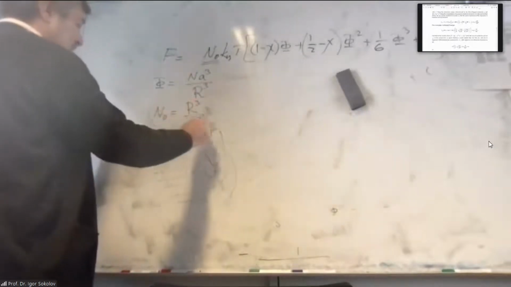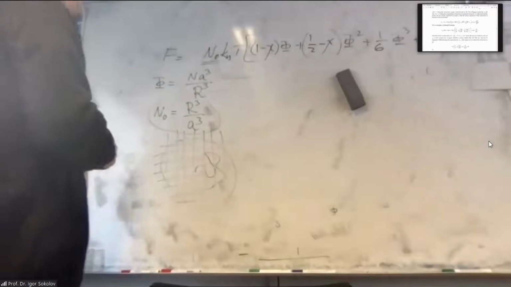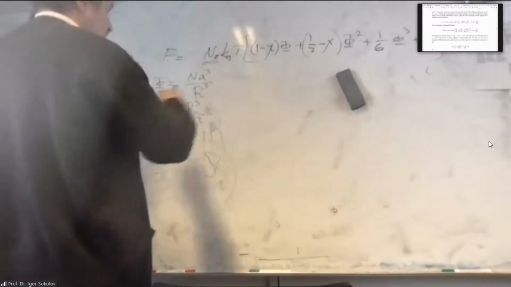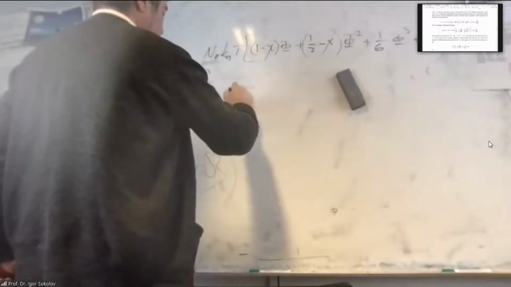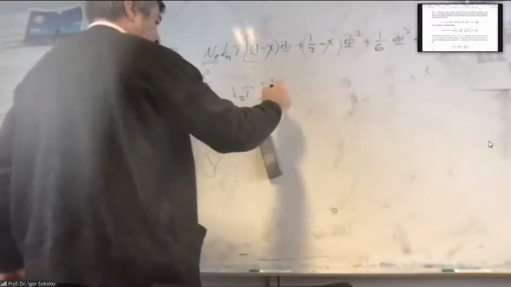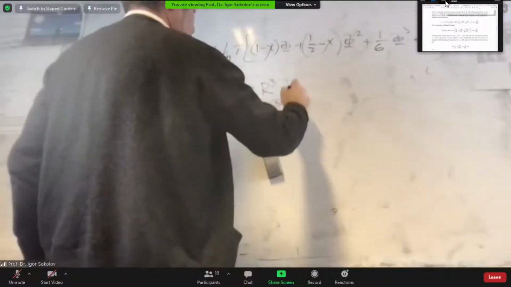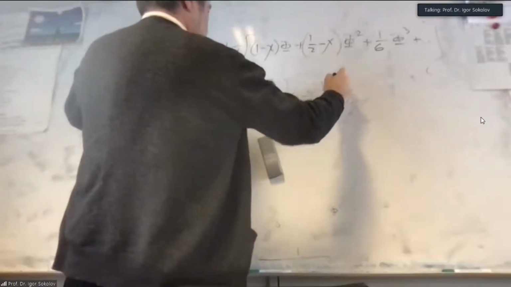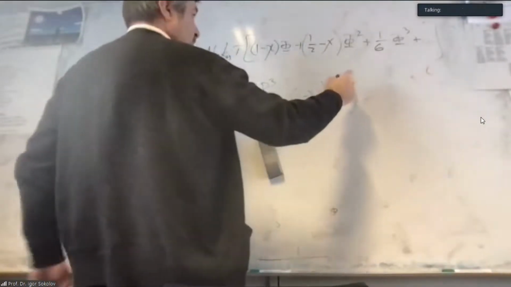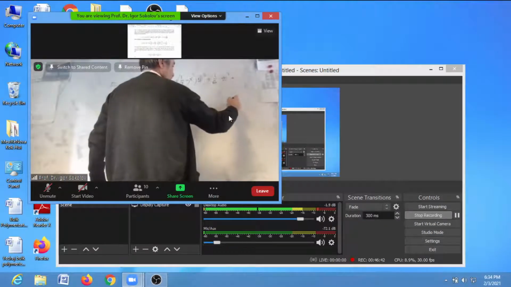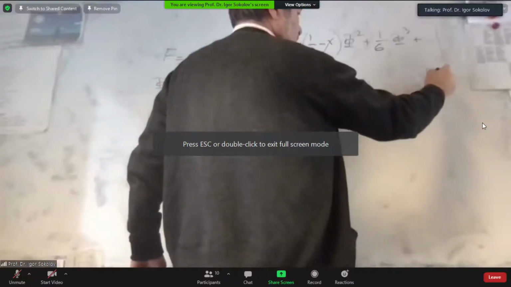This is exactly the number. So now I substitute this into this equation. So I get kBT, r cubed divided by a cubed, then 1 minus phi, this N a cubed divided by r cubed, plus 1/2 minus chi, now this guy squared, N a cubed divided by r cubed squared, and so on, plus the rest.